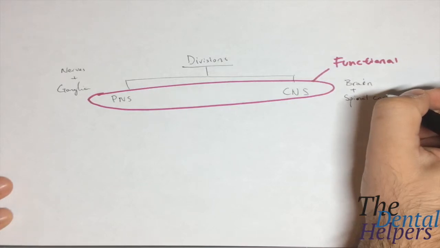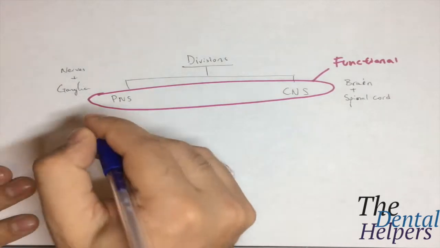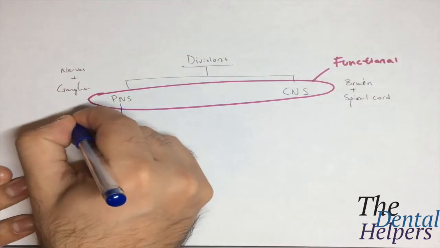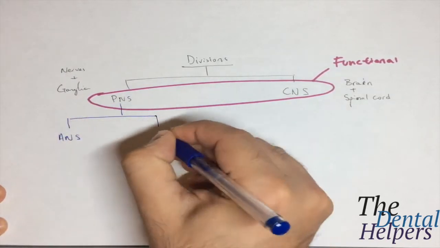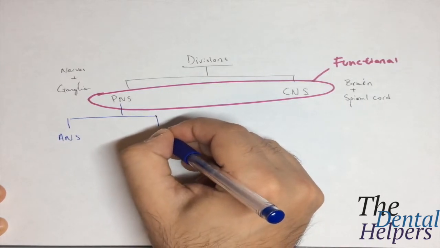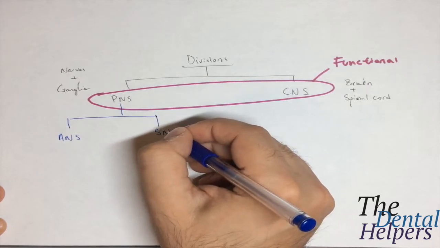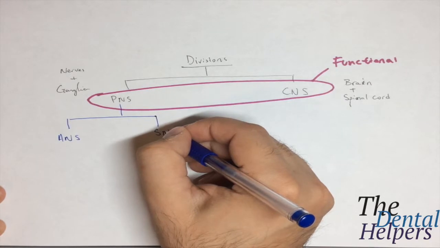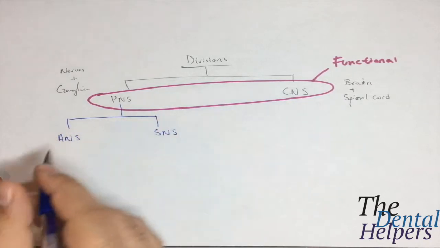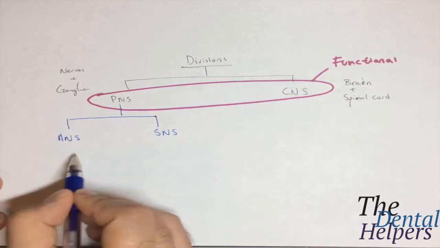And then from there we know that the PNS is further broken up into the autonomic nervous system and the somatic nervous system. And so when we think of the autonomic versus the somatic nervous system, what we're really trying to say is the autonomic nervous system, because it has the word A, it's kind of automatic, right?